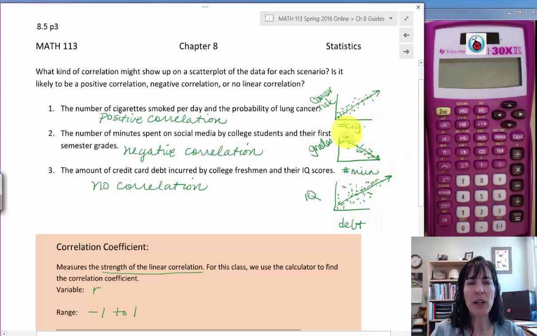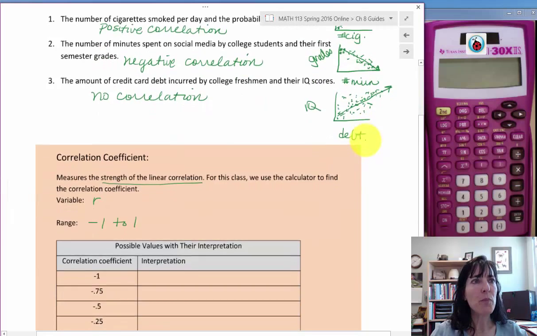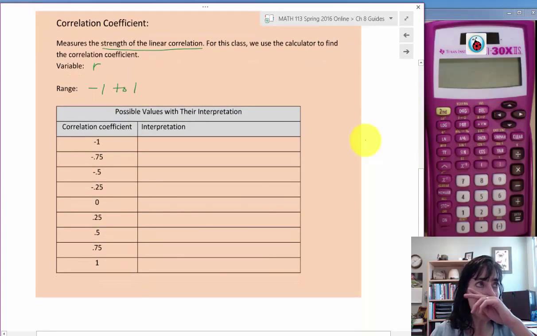But on these two, with the cancer risk and the grades, we can see that the dots are much closer to the line, and so this line does a better job of representing all the data, and the same here. So that's the strength of the linear correlation, where we're talking about how good a job that line is doing of explaining our data.